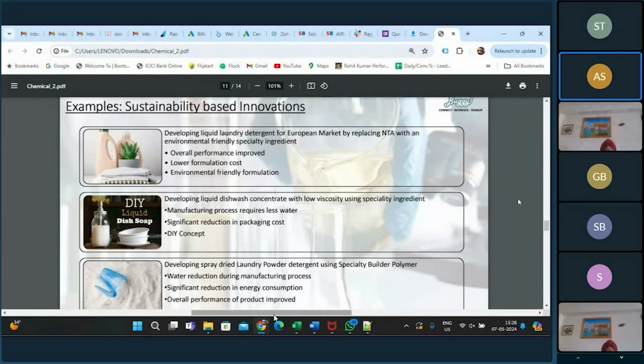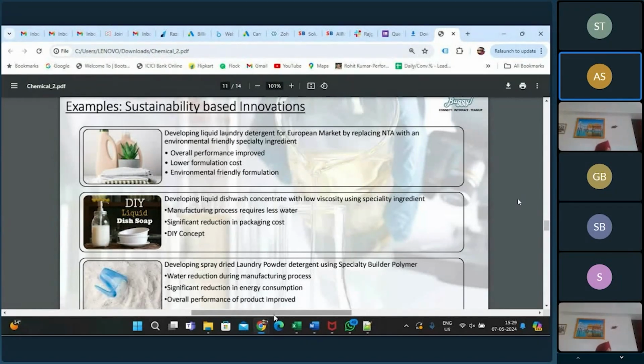And the third one is an example where we developed a spray dried laundry detergent powder. Here also we incorporated a builder polymer. Now I would just give a little background. Spray dried detergent powder means, for example, Tide detergent powder. You can see that Tide detergent powder is very free flowing and fluffy.